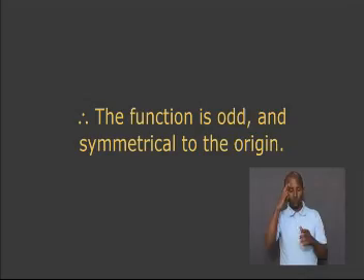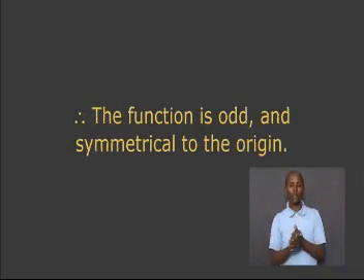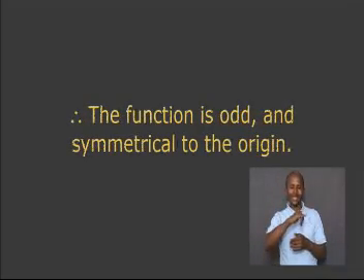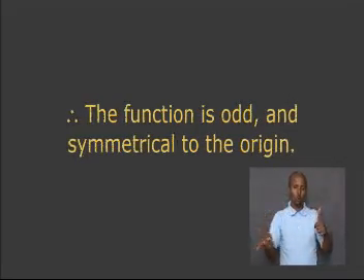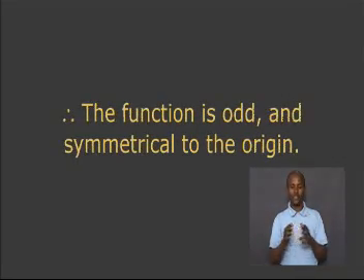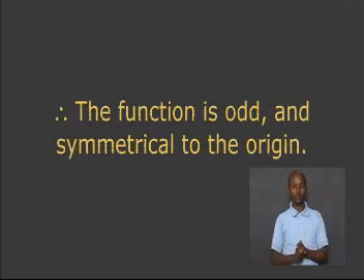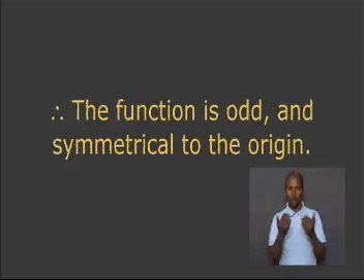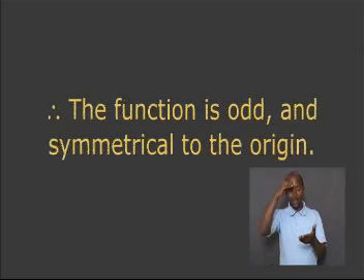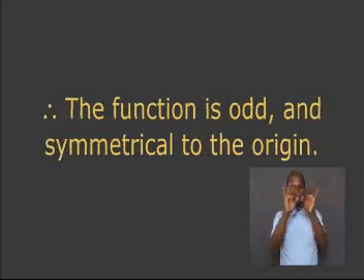Because the function is odd, f is symmetrical to the origin. This is verified in your graph, is it not, students? Good. Now, we must learn about a few other types of functions.